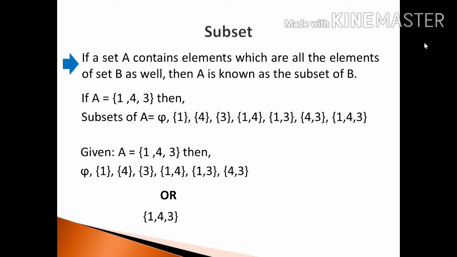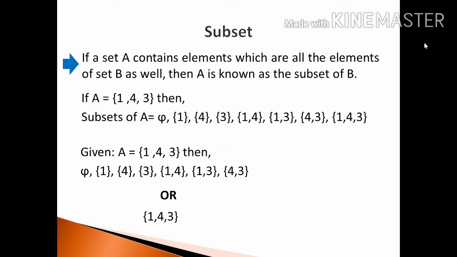If we produce another set from this original, we call it a subset. That's why set A has subsets: singleton sets 1, 4, 3; we have 1, 4; 1, 3; 4, 3 elements, and we have the same as the original 1, 4, 3 elements. So these are examples of subsets of A.